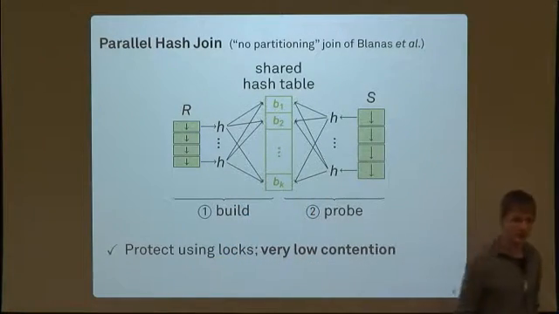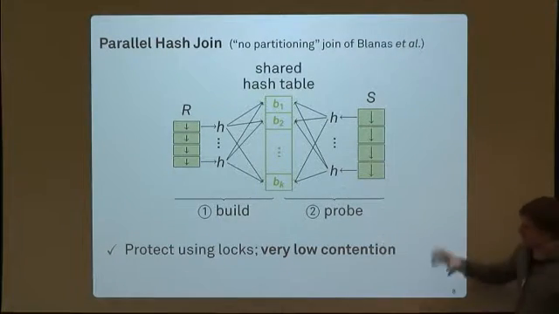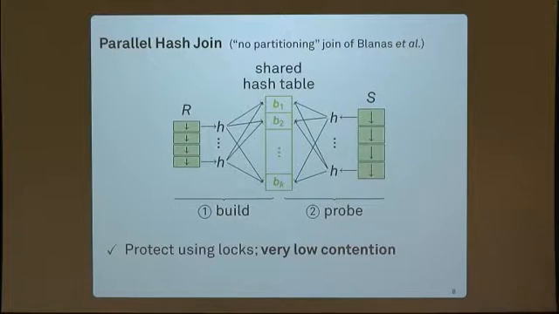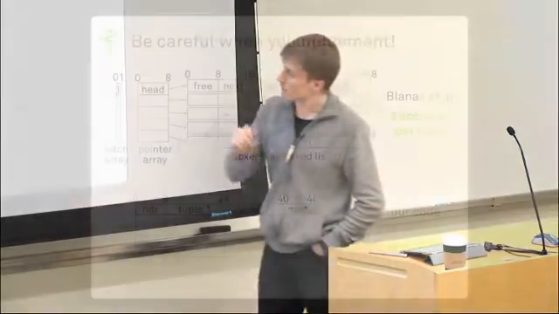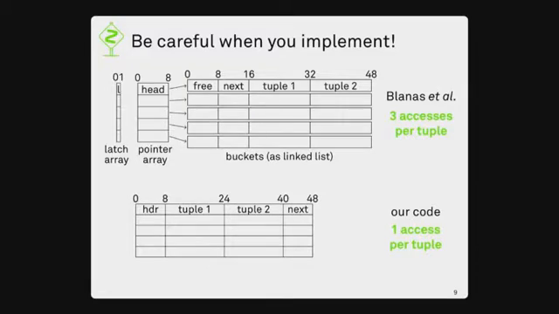You won't see any lock contention in practice, just because there are so many hash table buckets. So this is the basic hash join implementation that we're going to look at first. And this is what this group from Wisconsin claims to be the preferred one because it's fast and because it's simple.